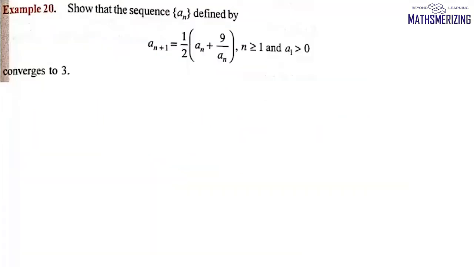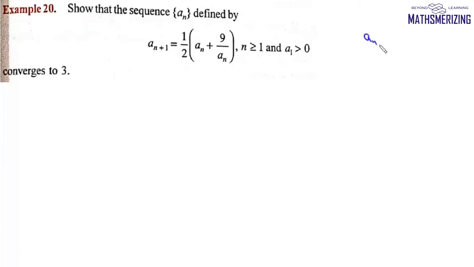Now here the question is, show that the sequence an defined by an plus 1 equals 1 by 2 times (an plus 9 upon an), where n is greater than or equal to 1 and a1 is greater than 0, converges to 3. Now we are given that an plus 1 equals 1 by 2 times (an plus 9 upon an).